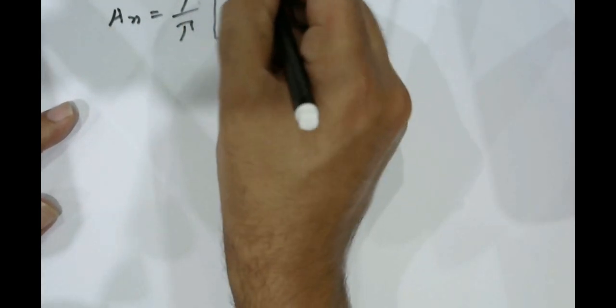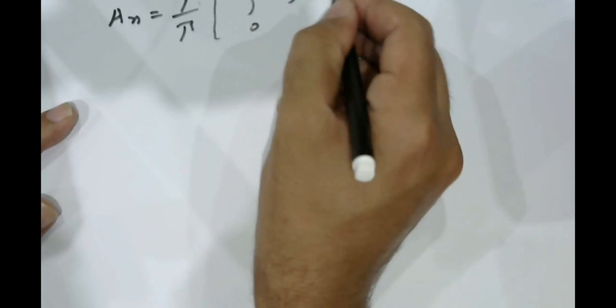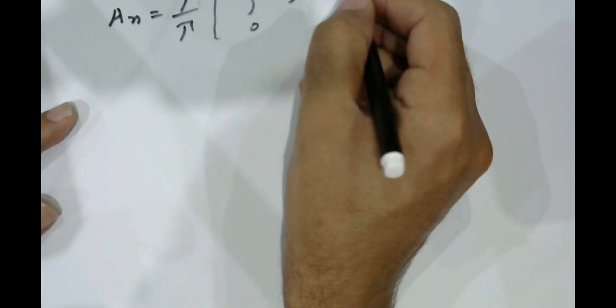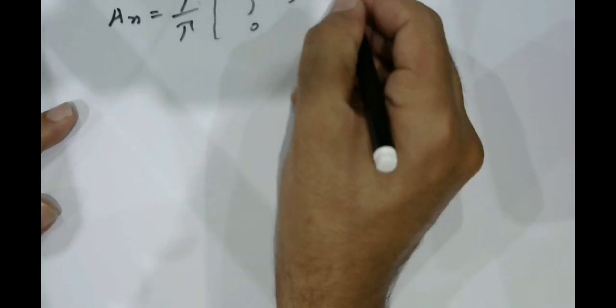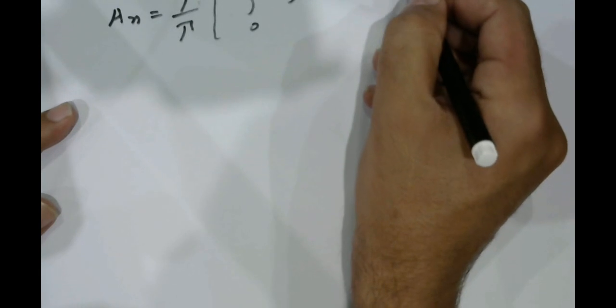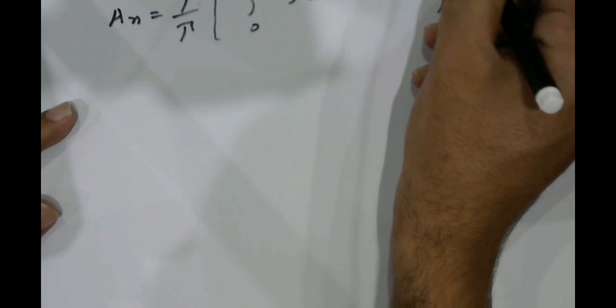So from 0 to T by 2, our f of t was 5 cos n omega t, and plus from T by 2 till T, our function was minus 1.